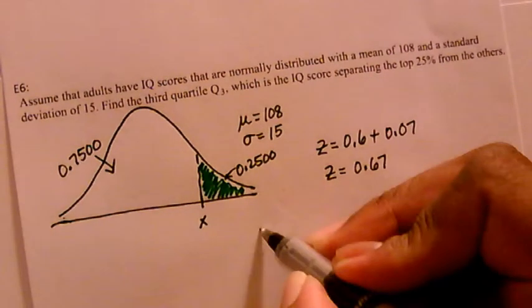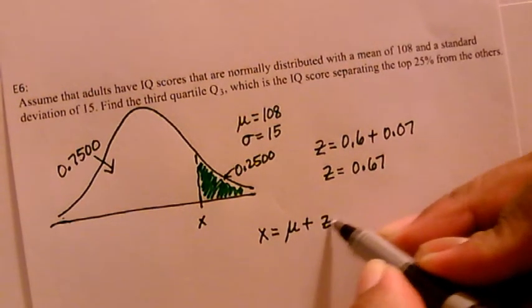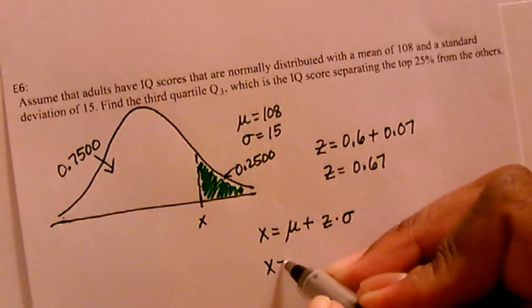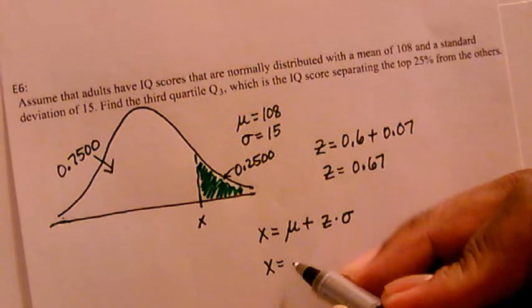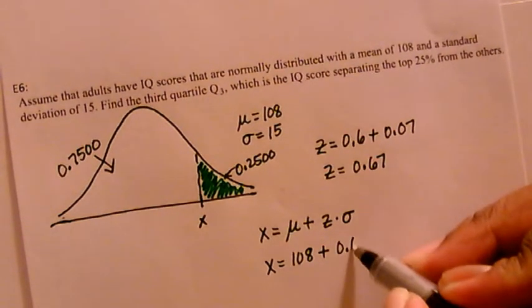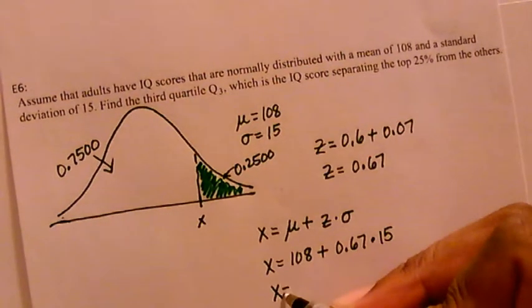But I want x. So x will be mu plus z times sigma. So here x is equal to mu, that's 108, plus z, that's 0.67, times sigma, which is 15.